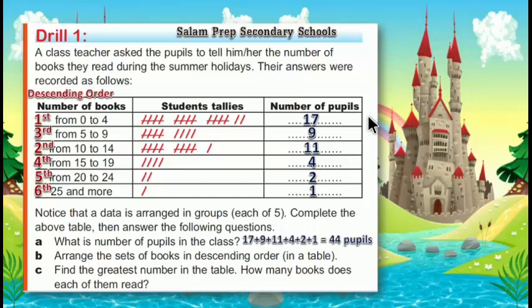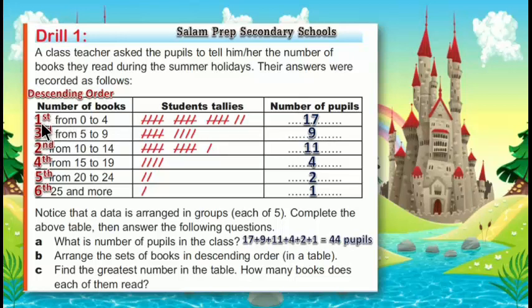First, we need to arrange the number of pupils descending, okay? The first one, 17, then 11, then 9, then 4, then 2. The last one, the smallest one, is 1, okay? But take care, we need to arrange the sets of books, okay? Please look at ranges of books.